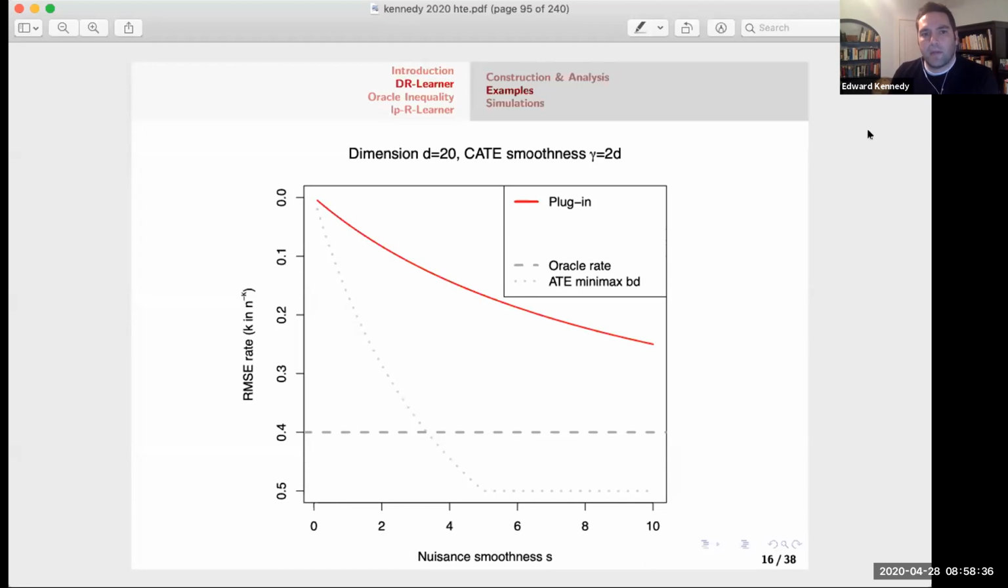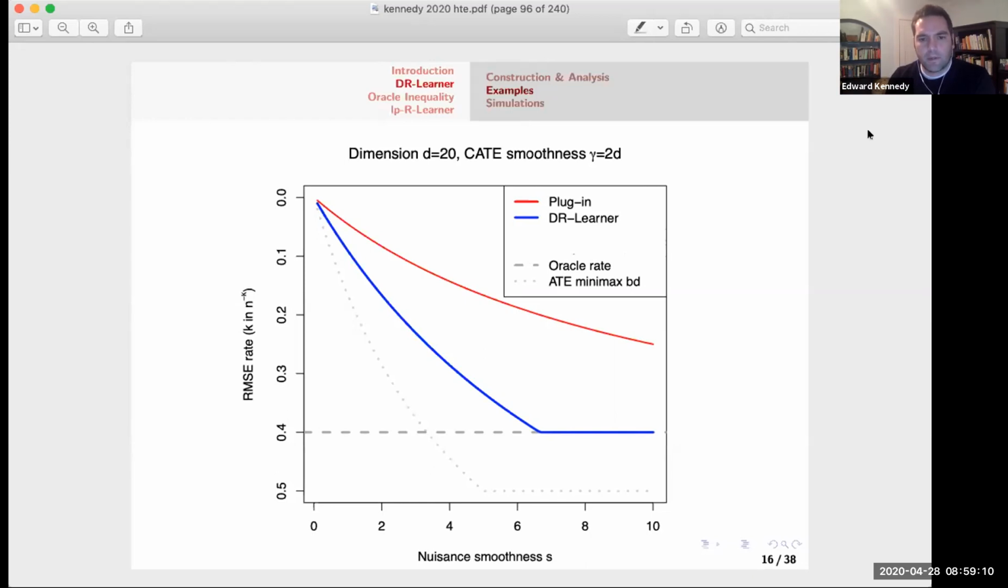For this plugin estimator to have mean squared error that looks like the oracle, we need the regression functions to be as smooth as the CATE; they need to have equal smoothness. Otherwise, this plugin approach, unless it's specially tuned, in general wouldn't hit this oracle rate. And then here's the bound that we get for the DR learner from the previous result. You can see that it attains the oracle rate much more quickly as a function of smoothness than the plugin.